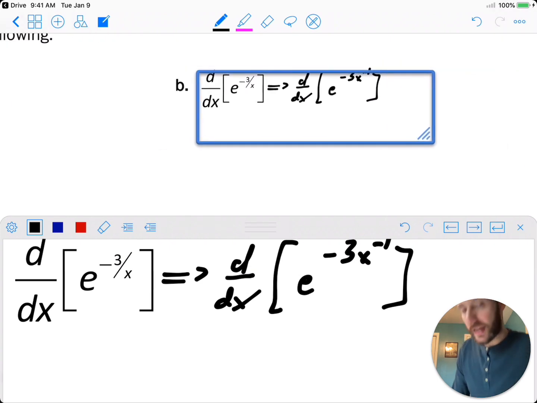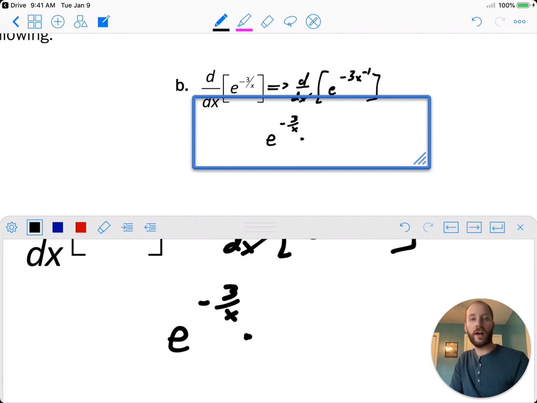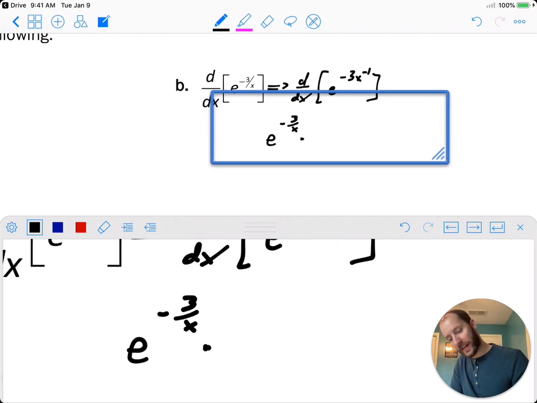To kind of make it simpler to work with. So derivative of e is e. Leave the inside alone. Times derivative of the inside. So bring the negative 1 down. Negative 1 times negative 3 is 3. Decrease exponent by 1.